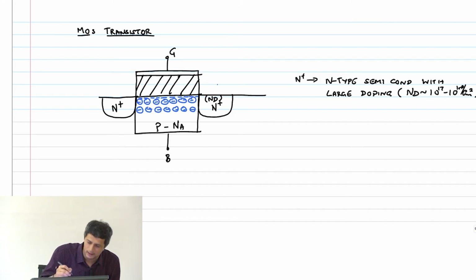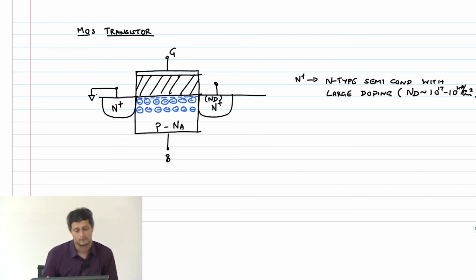So this guy, let me say I'll ground this terminal without loss of generality. I'm picking one and I'm going to ground it. This one I will apply a potential Vd.